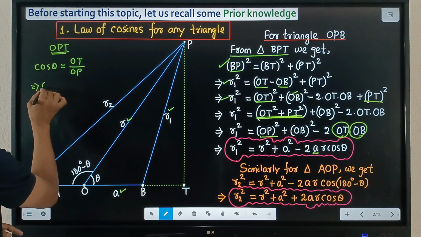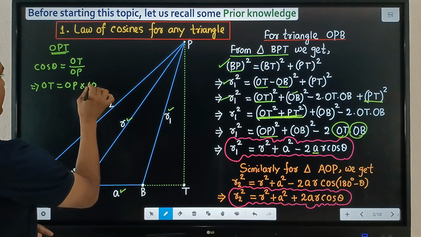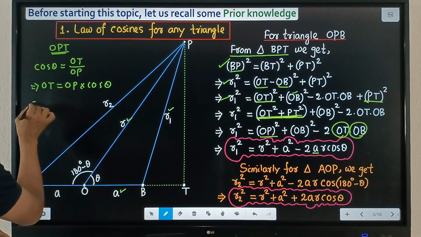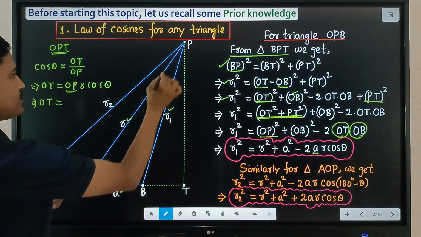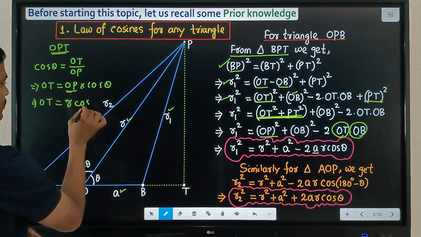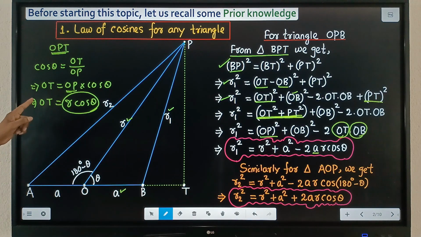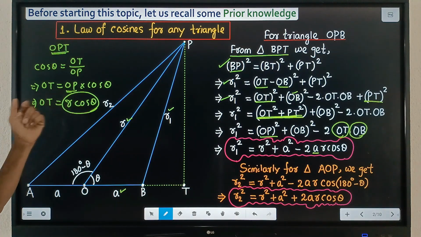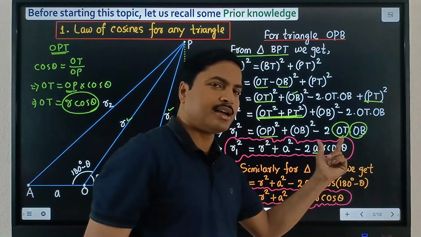That implies OT is equal to OP multiplied by cos theta. In place of OP, we write R, so OT is R multiplied by cos theta. That means in place of OT, we write R cos theta.